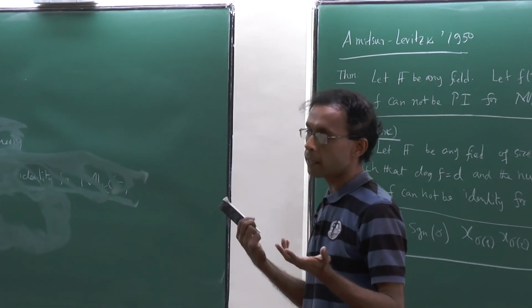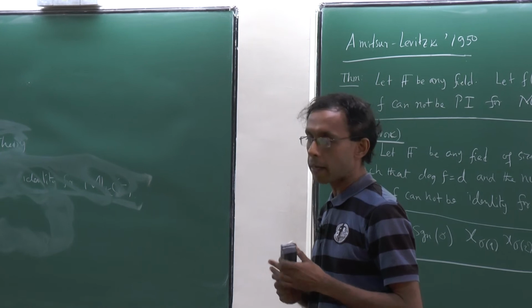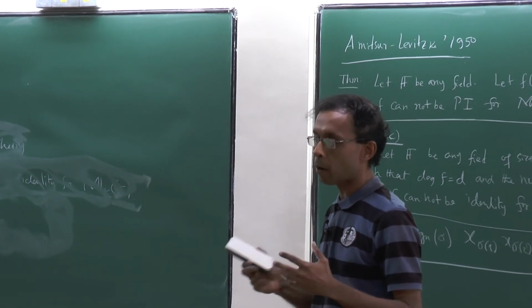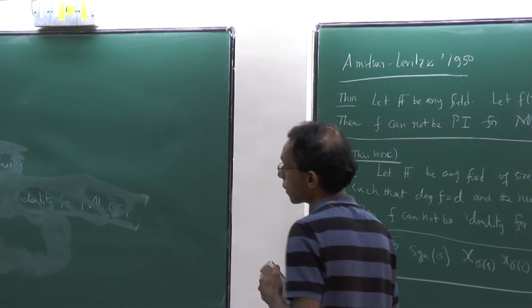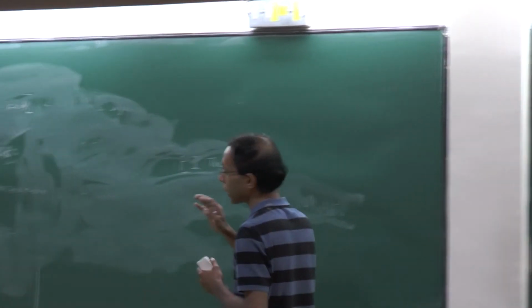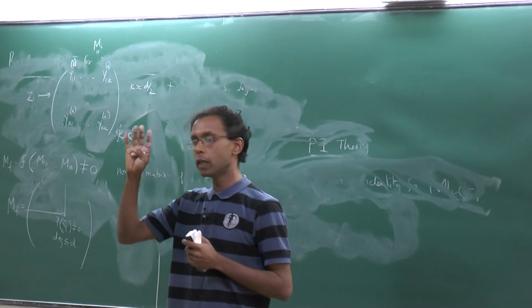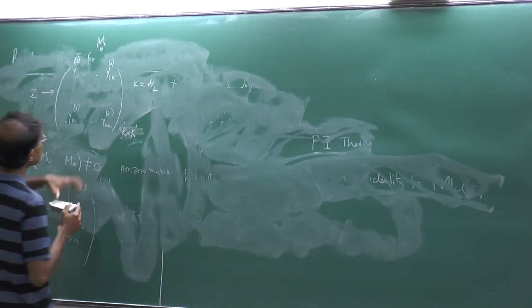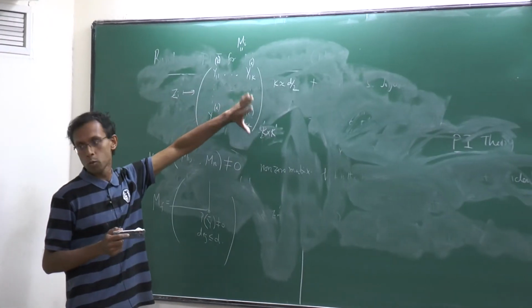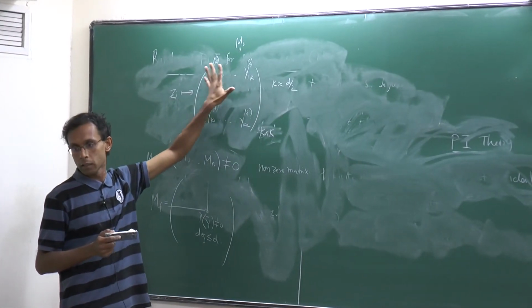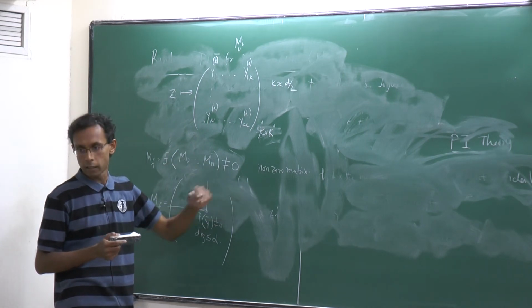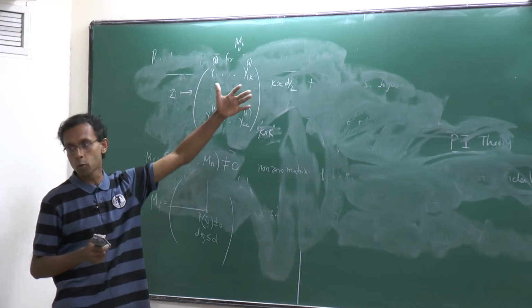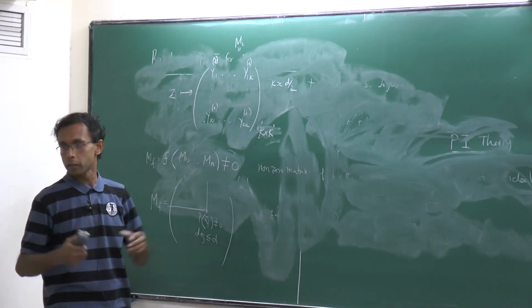The size of the circuit is S, and the degree of the polynomial is bounded by D. In general, D could be exponential in the size of the circuit, so it could be like 2 to the power s. But because of this additional promise that D is small, you can substitute by a suitable dimension of matrices and do this identity testing. If you do not put that restriction, then this k could be something like 2 to the power s, and you get a huge dimension matrix here.